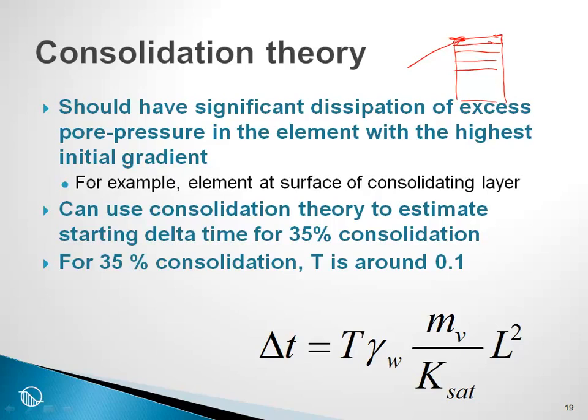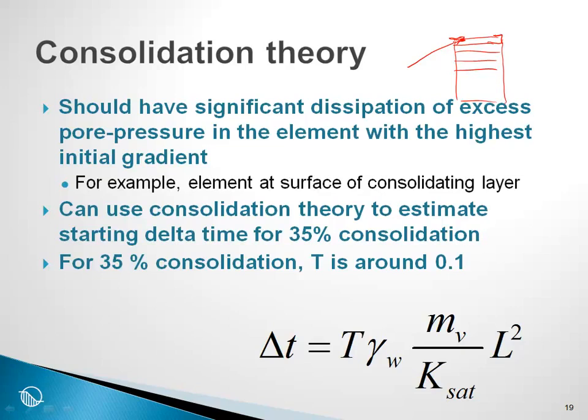In other words, the delta T should be such that there is in the first element some significant dissipation of excess pore pressures. If the delta T is too small and there is virtually no change in the first element on the surface, so to speak, then we can get some numerical noise and some irregularities in the pore pressure distribution. So we can use consolidation theory to take a look at what might be an appropriate delta T.